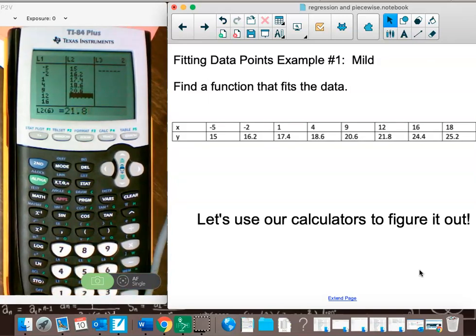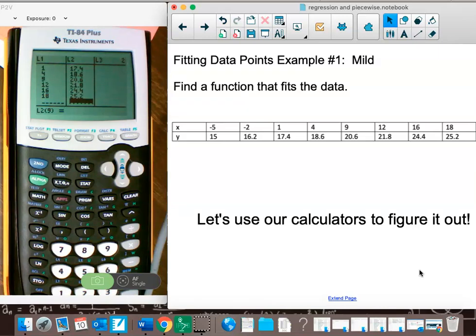Wait, I gotta put on my glasses, make sure I'm putting it right in. Yep. 24.4, 25.2. You should have one y value next to each x value, and they have to be next to the correct x value. All right, does everyone have their lists entered?